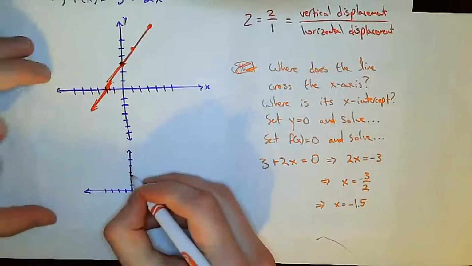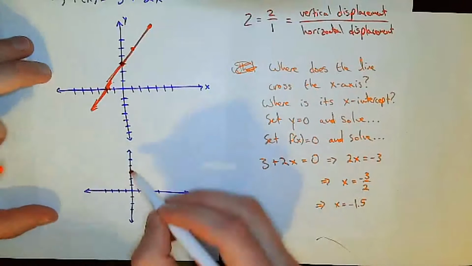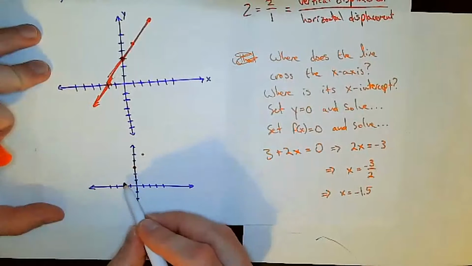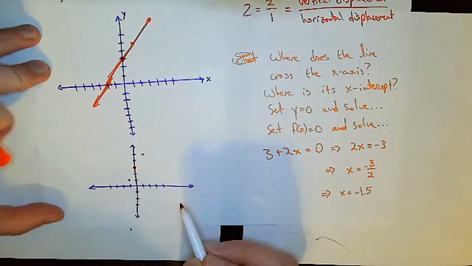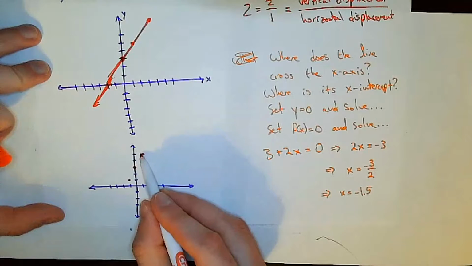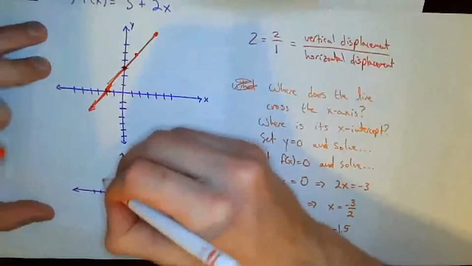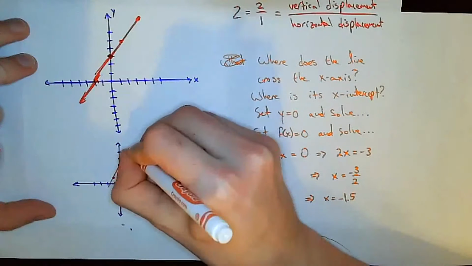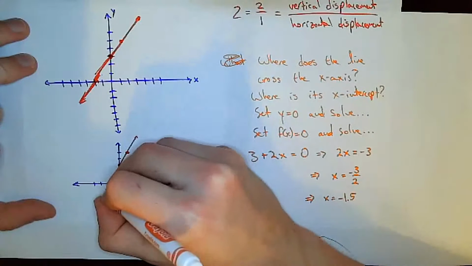Okay, so initial point at 3, 0, I go up 2 over 1. Remember that if I want another point, I can go down 2 over 1 this way. The point should be there, and then it'll go through just like that. That's a bit better.